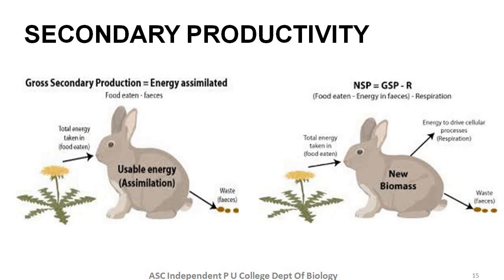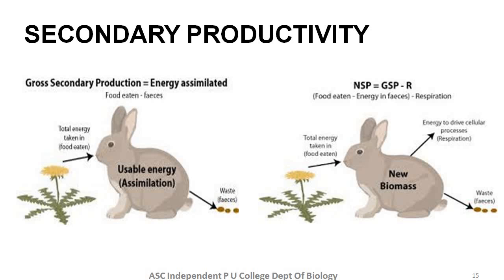It is the same as we have learnt in primary productivity. So I repeat, when it comes to primary productivity, it is with reference to the amount of organic matter produced by the producers. When it comes to secondary productivity, it is with reference to the amount of new organic matter that is produced by the consumers.